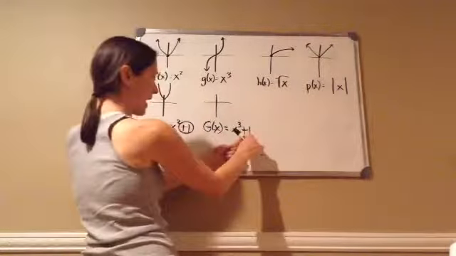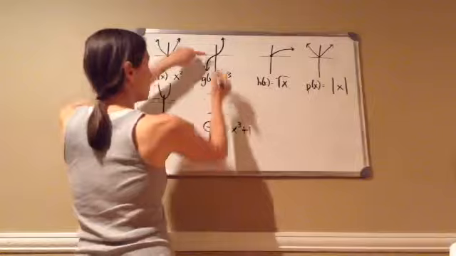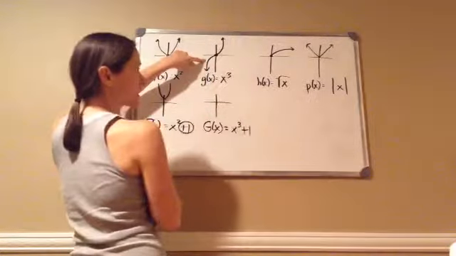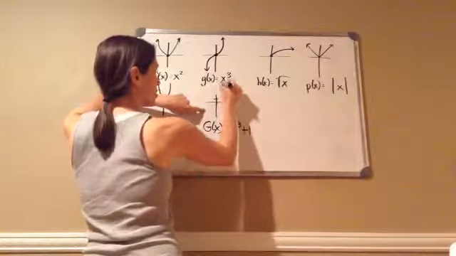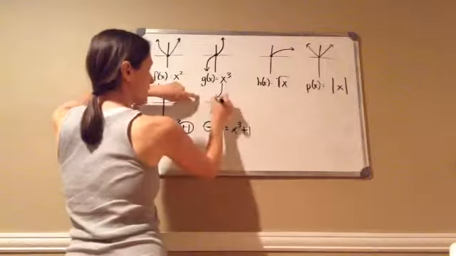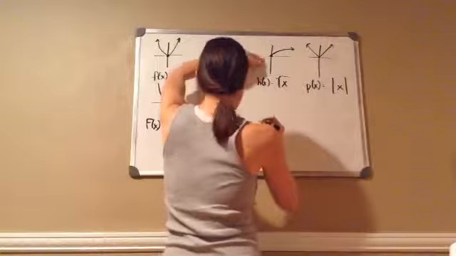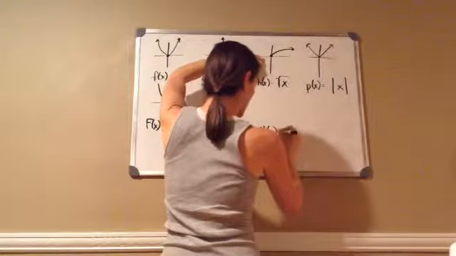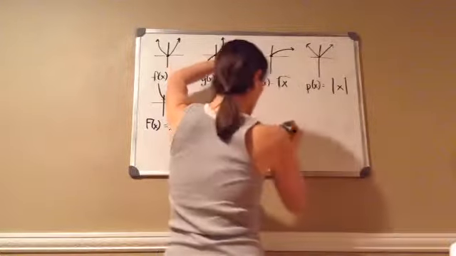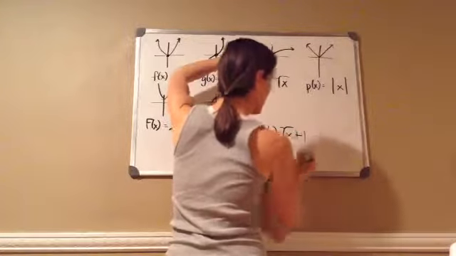So each time we're adding the plus 1. As you can see, this crossed at the 0. Now it's going to cross at the 1. See that? All right, let's try this one. This one is h of x equals square root of x plus 1.